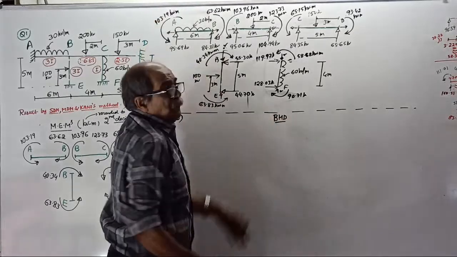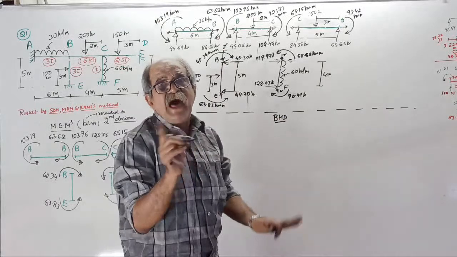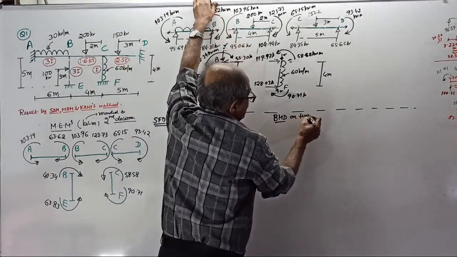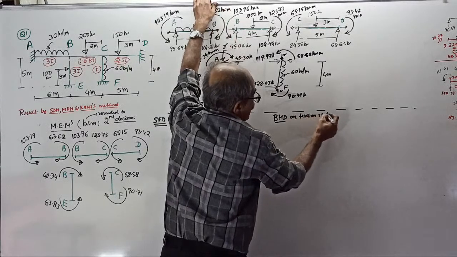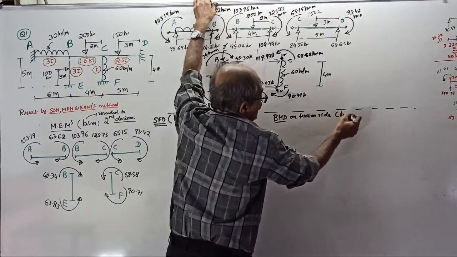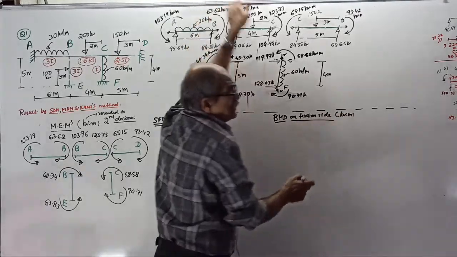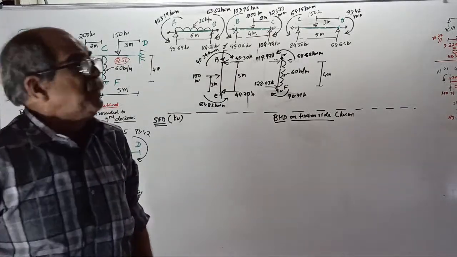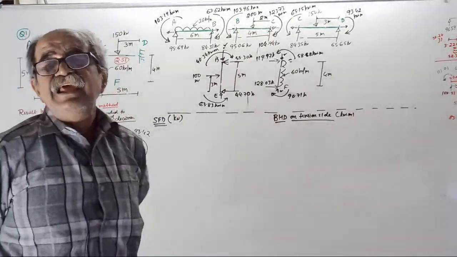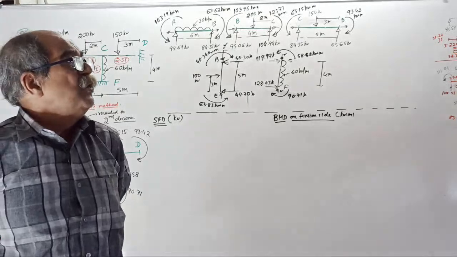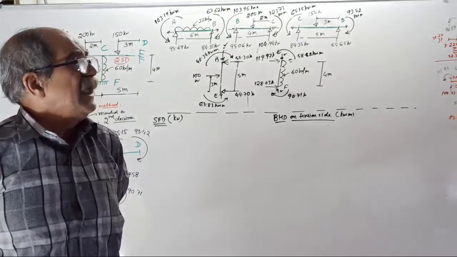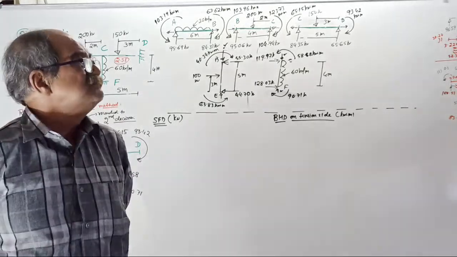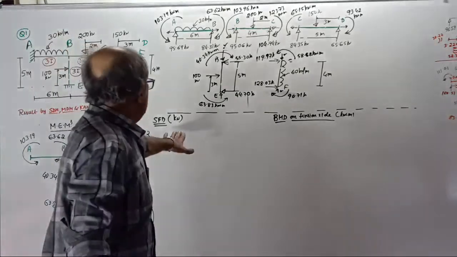Remember, bending moment diagram is drawn on the tension side, not sagging or hogging. All values are in kilonewton meter. That is how the software will give you. When you draw BMD on the tension side, plus minus should not be there. Lastly, for those who are academic oriented, I will tell you how to draw bending moment diagram using the superposition principle. Okay, done. I will start SFD BMD.